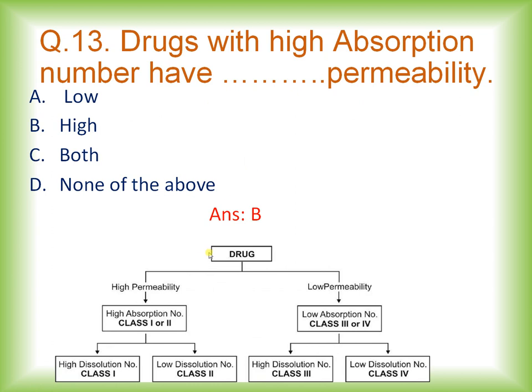You can see the explanation for this in the BCS classification. The drugs having a higher absorption number belong to class 1 or class 2. So as the absorption number is higher, they are going to have a higher permeability.